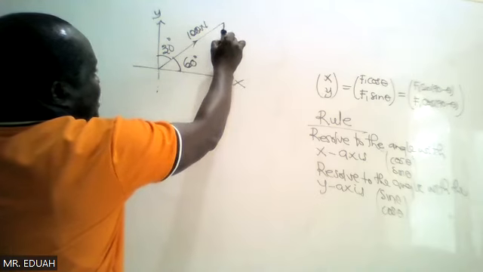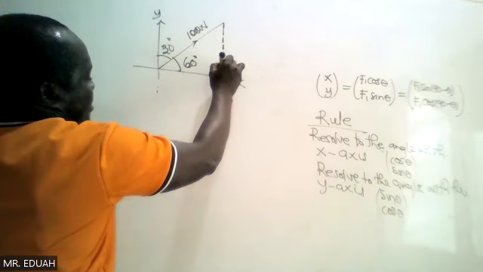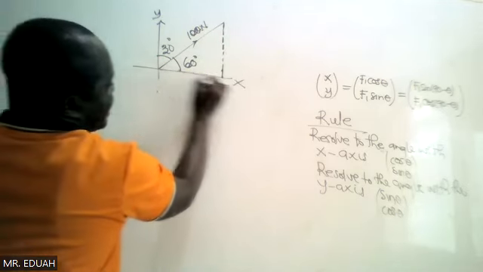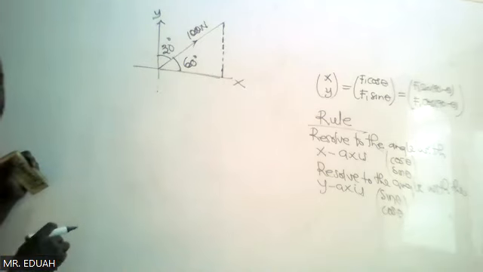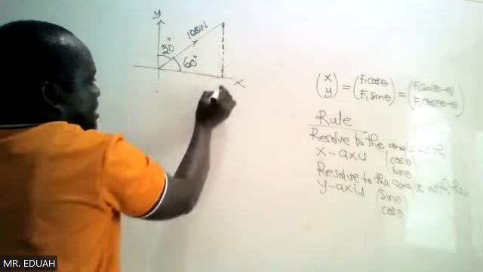So let's resolve this into a right angle triangle. This side is the adjacent to the angle, and this side is the opposite to the angle 60.